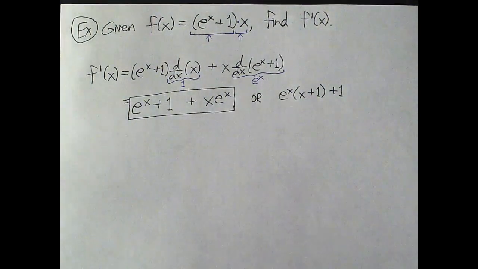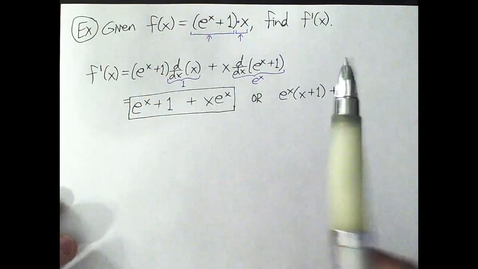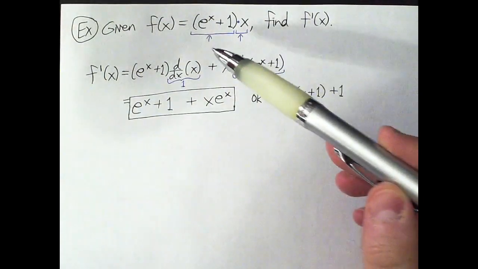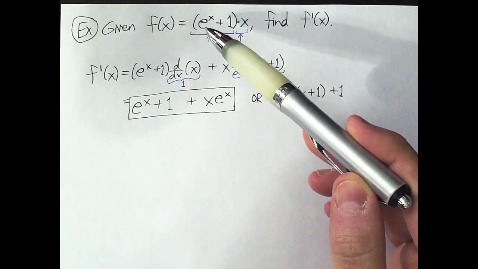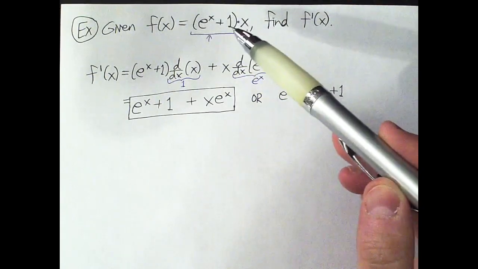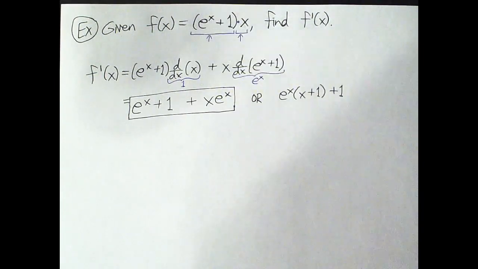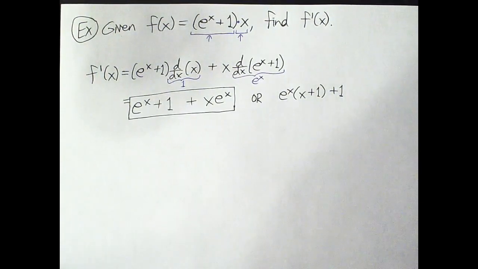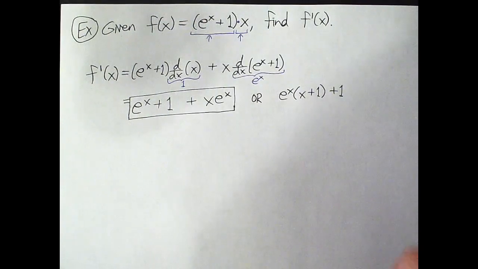By the way, before we move on, another way that we could have done this problem is, instead of applying the product rule right away, we could have distributed first, just algebra first, distributing across the parentheses. And then we would still have to use the product rule for part of it. So I think it would wind up being about the same amount of work anyway. But if you wanted to do that, you could, and you should still get the same answer.